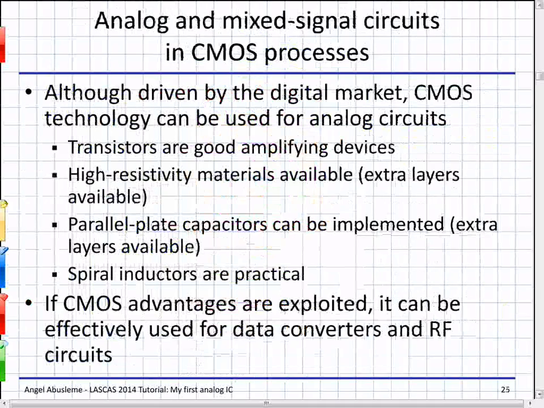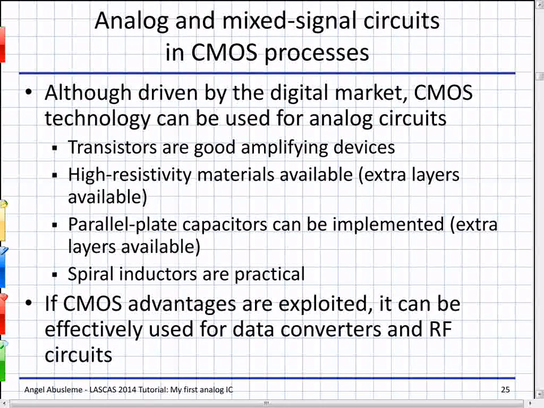Let's talk now about analog mixed signal circuits in CMOS processes. CMOS is, as I mentioned before, intended mostly for digital circuits, but we can also make analog and mixed signal circuits, right? Transistors are really good amplifying devices, and we can use them for that. We have high resistivity materials that we can use to make resistors.